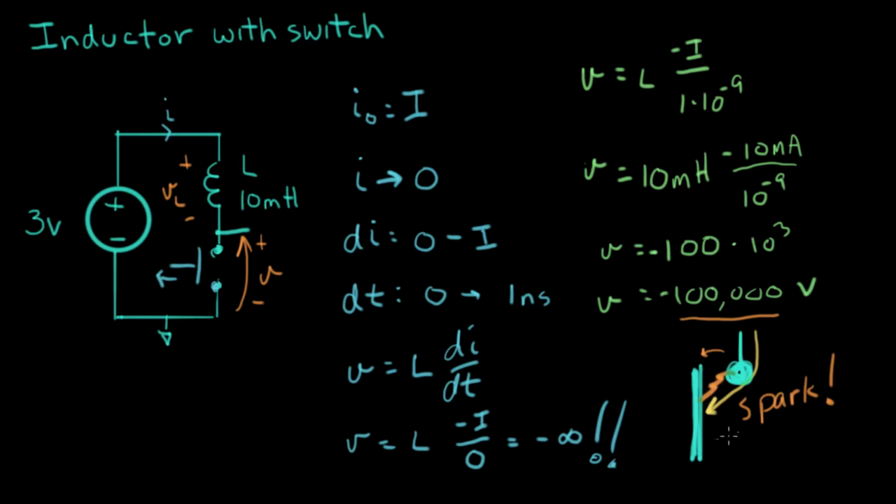And when you do that, for air, if this gap is 1 millimeter, that's 3,000 volts. 3,000 volts will cause that spark to happen there. So this is what actually happens. And you can build switches that will take this spark and work for many years. But it's not always a good idea to let this happen.